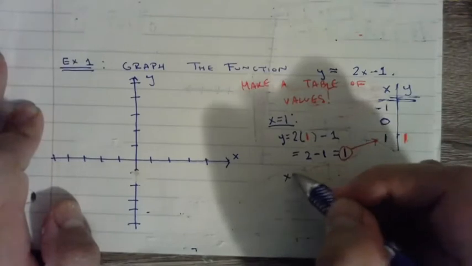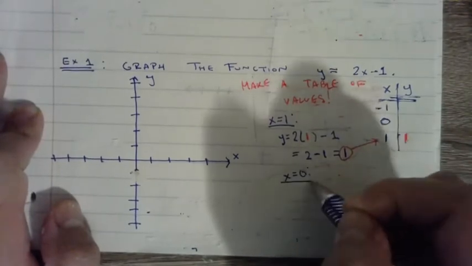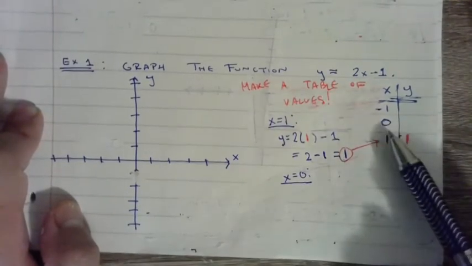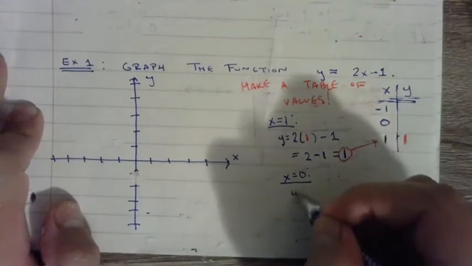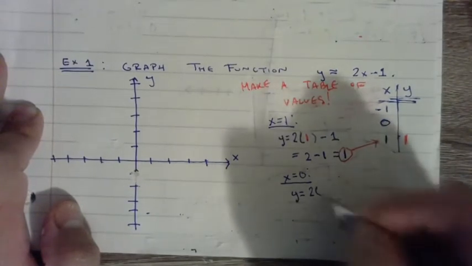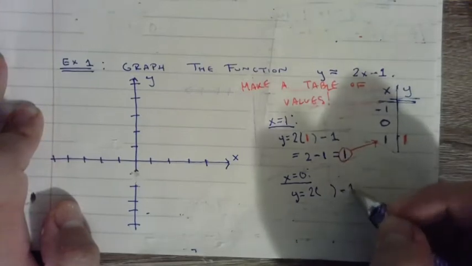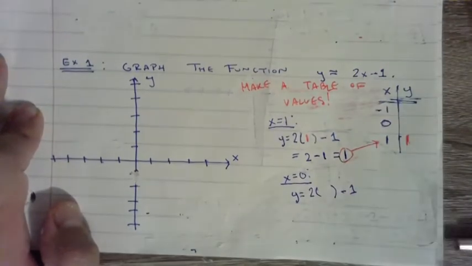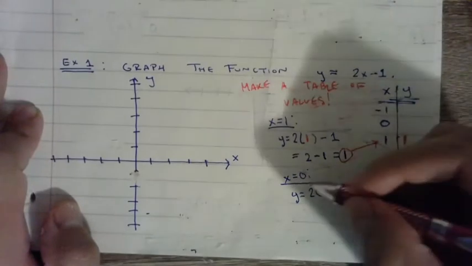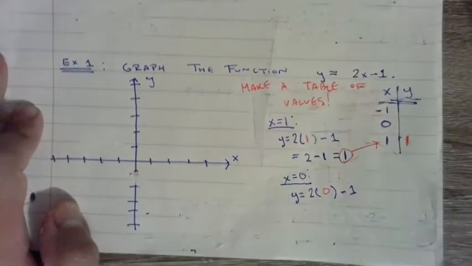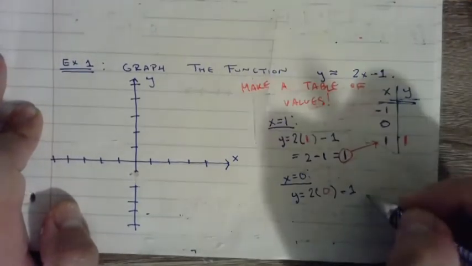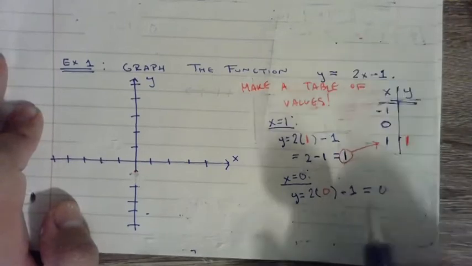I'm going to put x equals 0. I'm going to test out this point right here. Again, write down the same function. Put y equals 2 times, but instead of an x, put a 0, and then -1. I put the parentheses right there, and the x I'm going to put is my 0. 2 times 0 is 0.